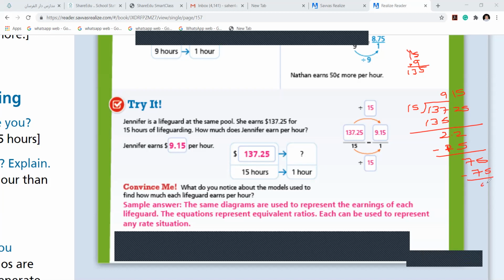So what's my answer? I got 9.15. I wrote here 9.15.